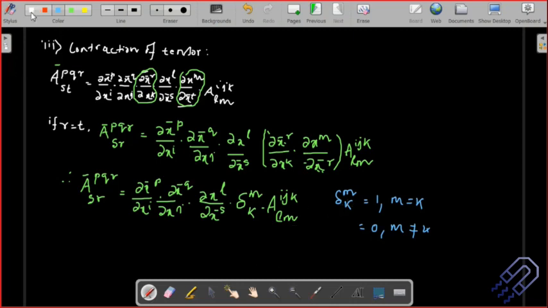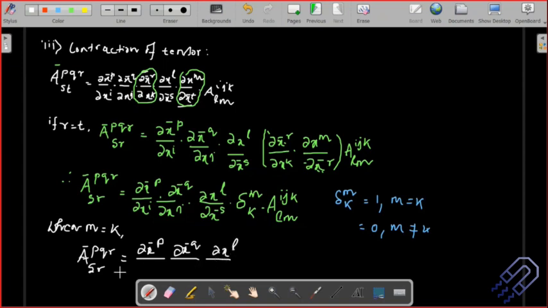So if I do that, I can simply write this expression, when m is equal to k, as a bar p q r s r is equal to this and this: del x bar p, del x bar q, del xl, del xi, del xj, del x bar s.